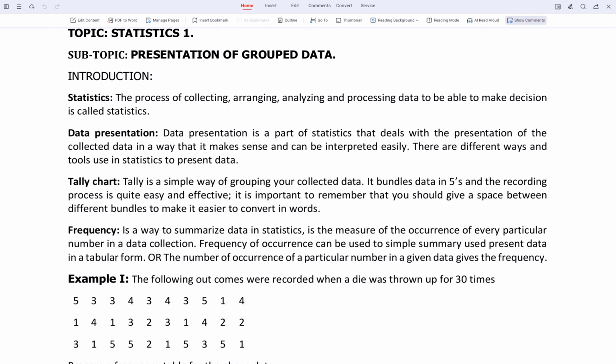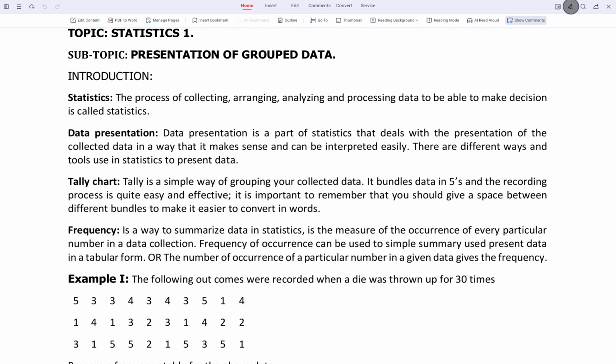What is statistics? Statistics is the process of collecting, arranging, analyzing and processing data to be able to make decision. So you should know these three words.